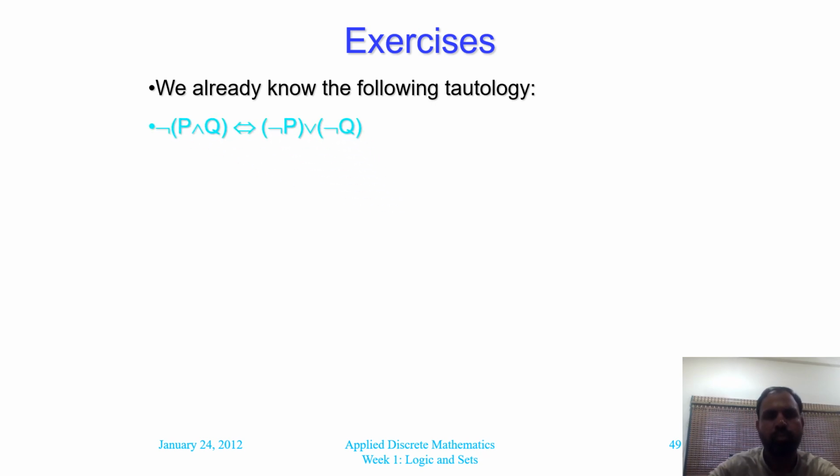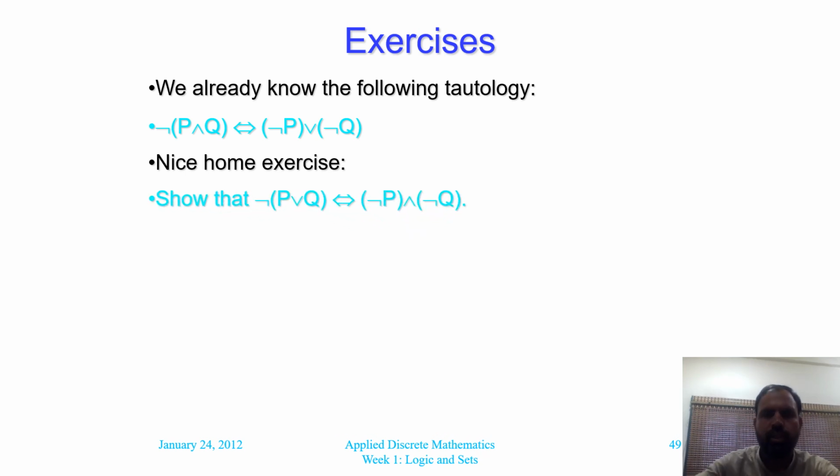For example, negation of (P and Q) biconditional negation P or negation Q. This will be a nice homework for you: show that negation of (P or Q) biconditional negation P and negation Q. You can solve this exercise at home by using the previous truth tables which I have discussed in the previous slides.